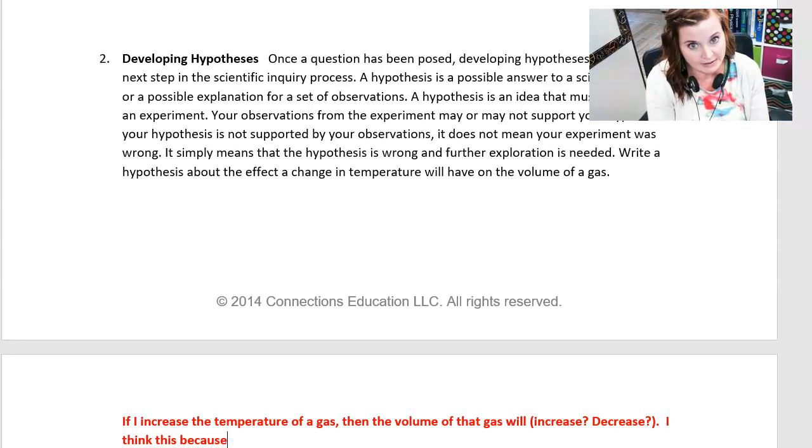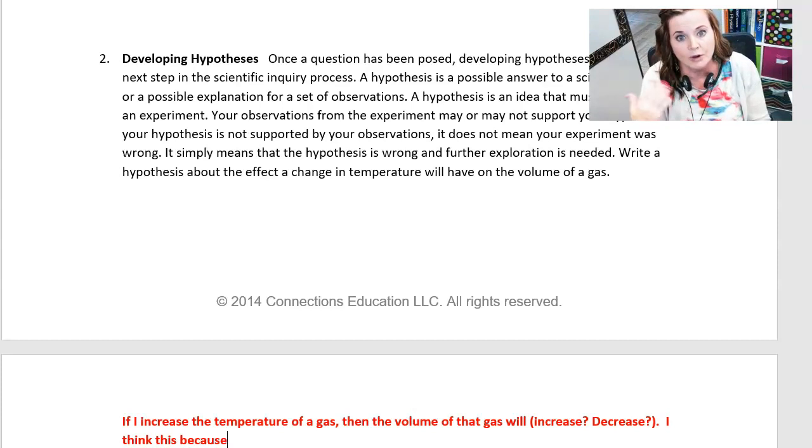This because can be based on an experience you've had, because this is what happened to my ball when I left it outside. Or you can use one of the gas laws to justify your answer. And actually, in science, I want you to get in the habit eventually of using one of the laws that we've been learning about as justification, not just personal experience.